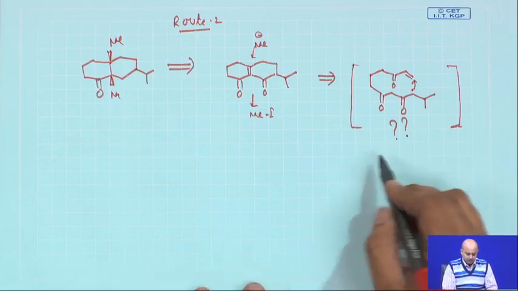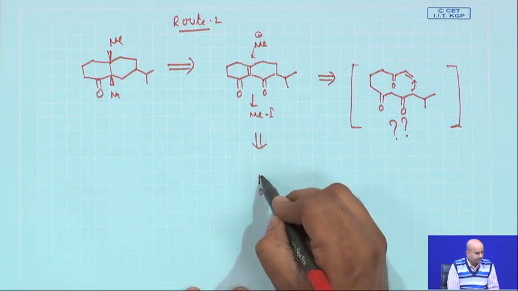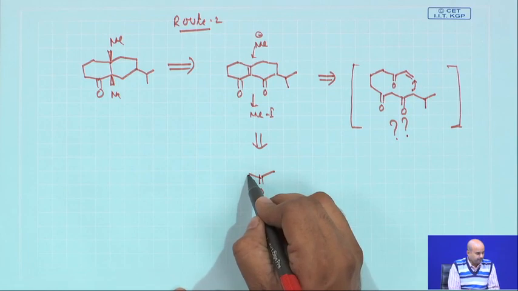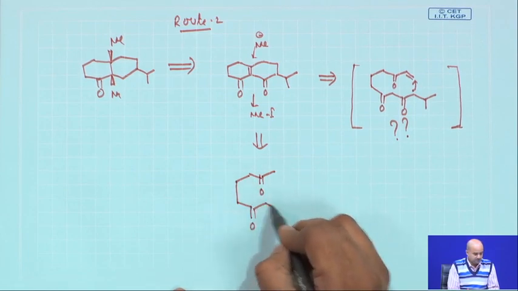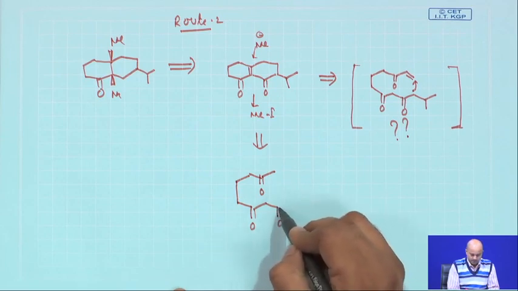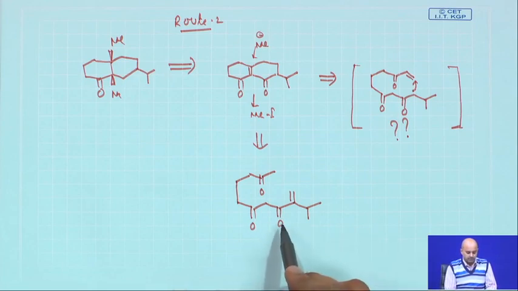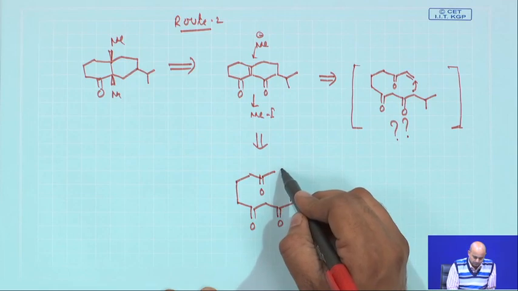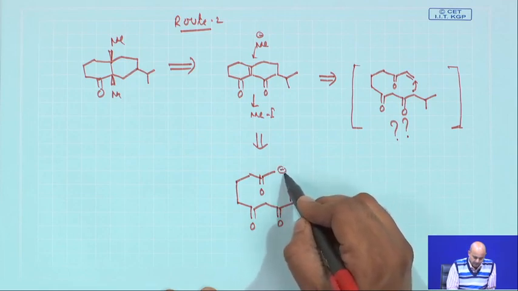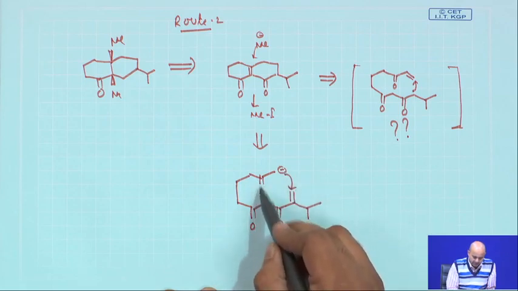So, in a similar pathway you can also think about another substrate, which let us now formulate. We will say this one is also a relatively similar kind of pathway which might also be possible. How? This negative charge will generate to give you this Michael pathway, and then you have this aldol pathway.